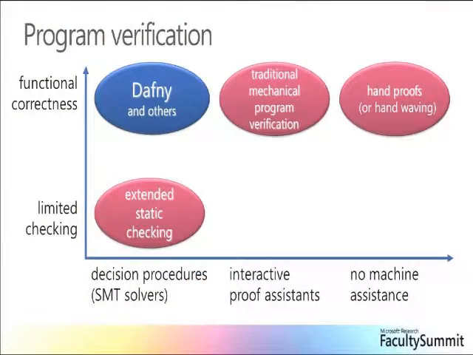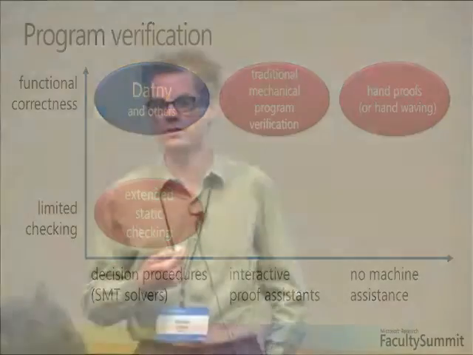You just show that it doesn't ever step outside the bounds of the array that it's working on. But an interesting thing is that you can actually push that up, and with the same automatic decision procedures, get more functional correctness. That is, you can attempt to prove more of the functional correctness of a program. And that's what we're focusing on today.